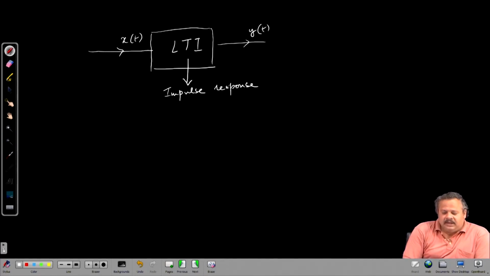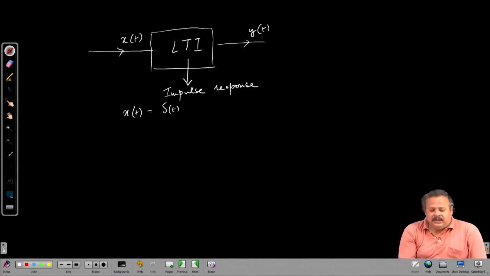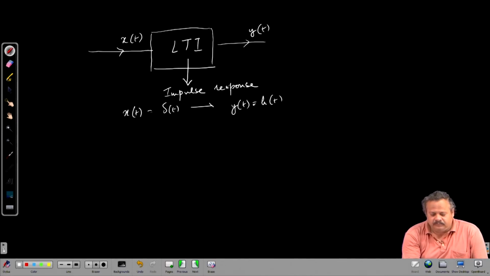That is, when xt is delta t, the Dirac delta function that we had described, then the output yt that we measure, let us say it is ht. So, for input delta t we are getting an output ht.